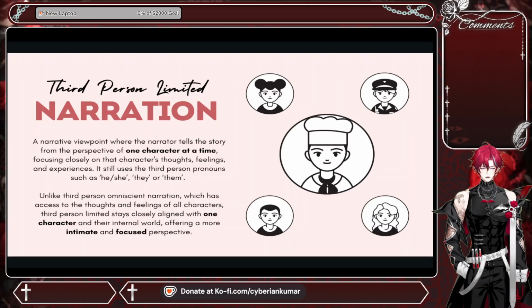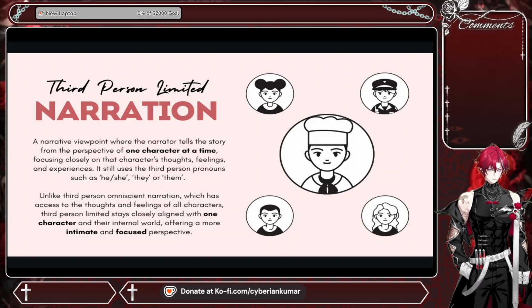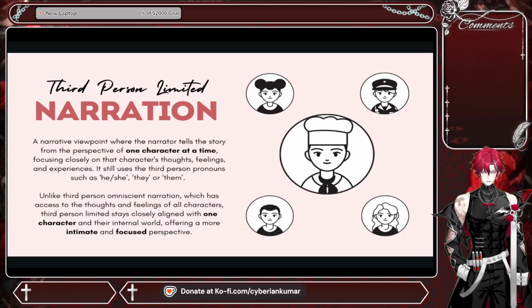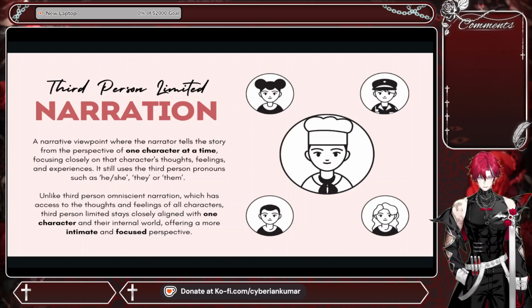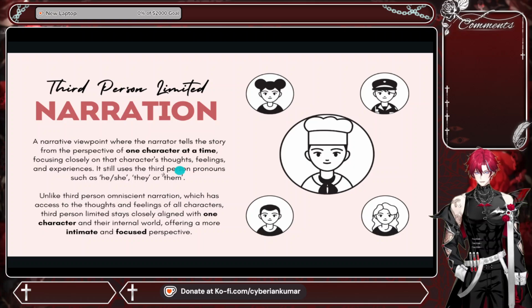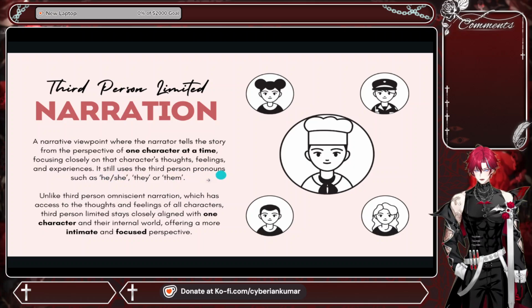You could change from one character to another, and you will go with that person's thoughts, feelings, conflicts, whatever they are experiencing, and their point of view. What we use here are third person pronouns, such as he, she, they, them.